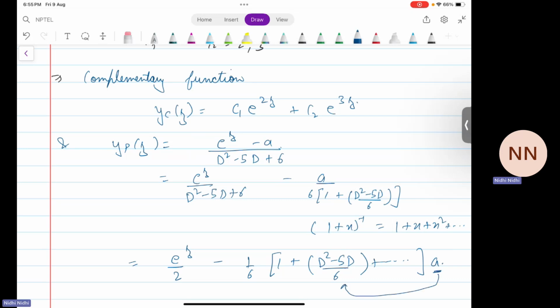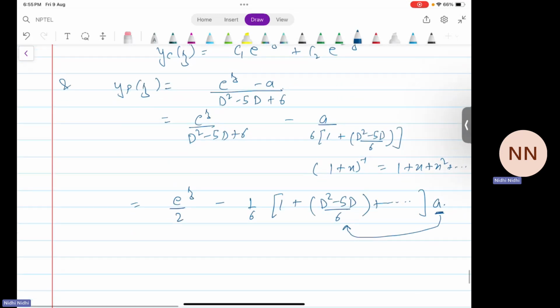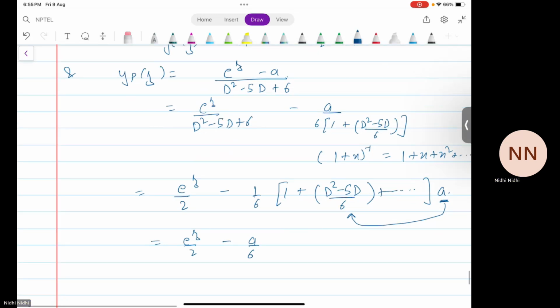When we apply this operator on this constant, clearly it will be 0, because the first derivative itself is 0, and then the second derivative and higher order derivatives would all turn out to be 0. So we are left with e^z/2 − a/6. So y_p(z) is equal to e^z/2 − a/6.